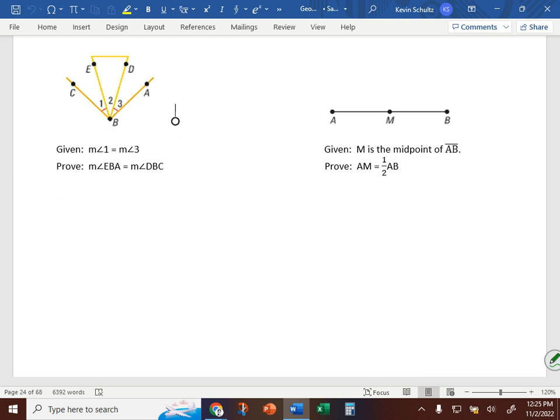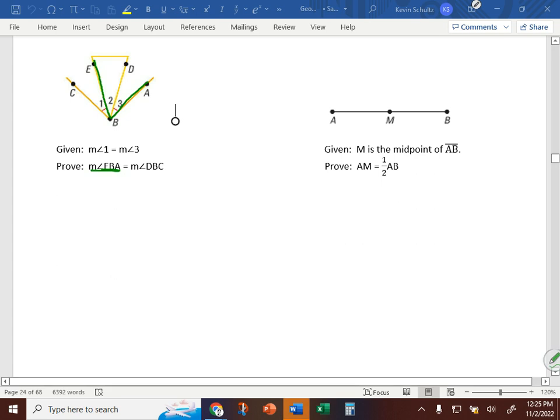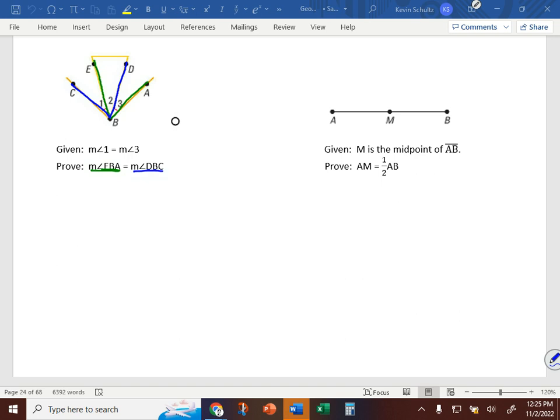And ultimately, we want to introduce EBA, which is this angle coming from point E down to B and up to A. I'll underline that in green. And we want to introduce angle DBC, which is from point D down to B and out to C. We want to say that those two angles ultimately have equal measures.